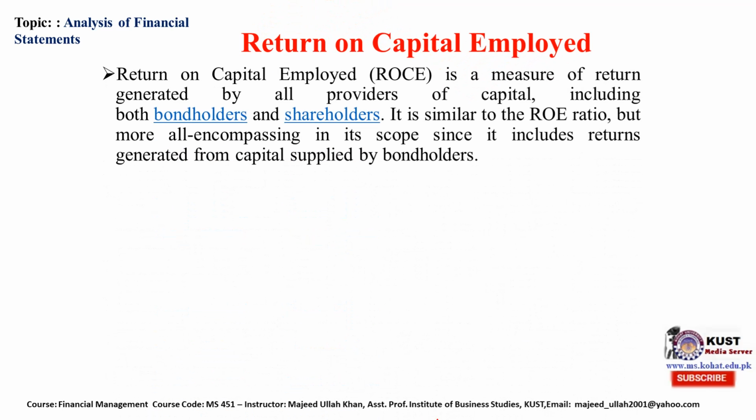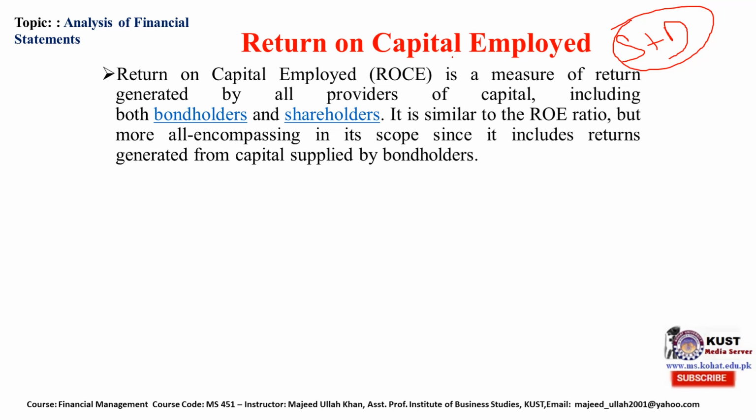Return on capital employed. Capital employed, as I discussed earlier, means capital provided by shareholders and capital provided by the debt holders. So return on capital employed means net income relative to these two categories of capital.